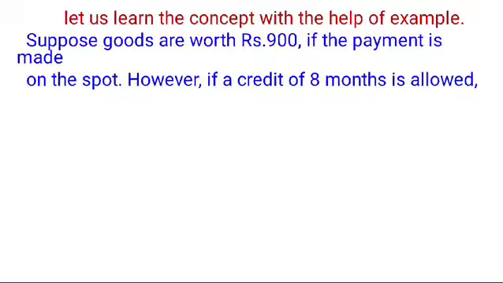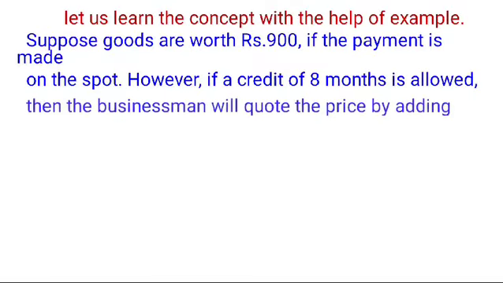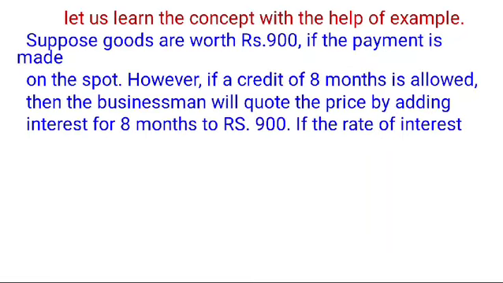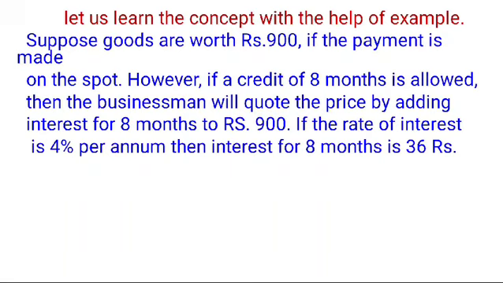But if that person allows us a credit of 8 months, then after 8 months I have to return that 900 rupees. But since he is a businessman, he will quote a price by adding some interest for these 8 months to this 900 rupees. And suppose the rate of interest is 4% per annum, then the interest for these 8 months is obviously 36 rupees.